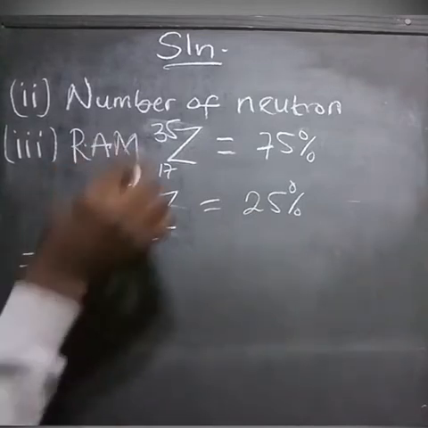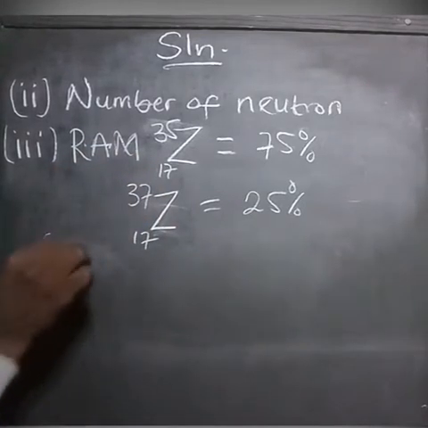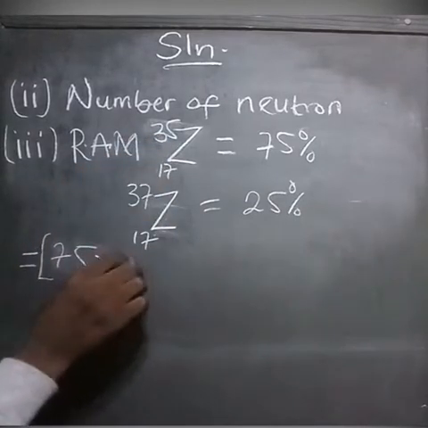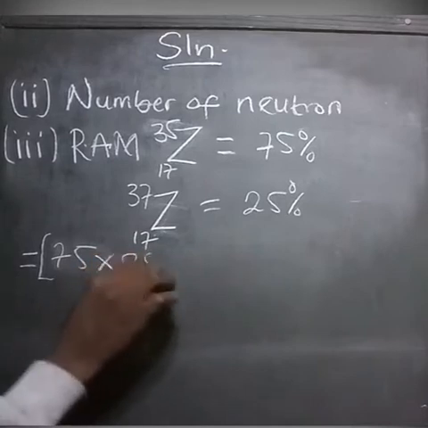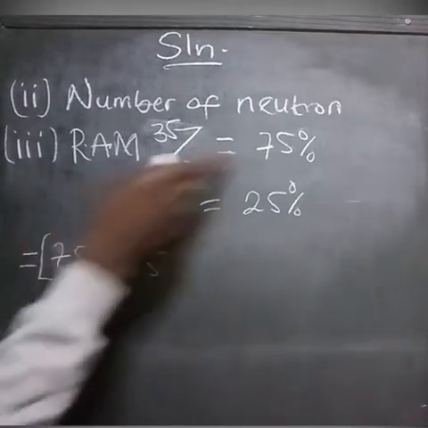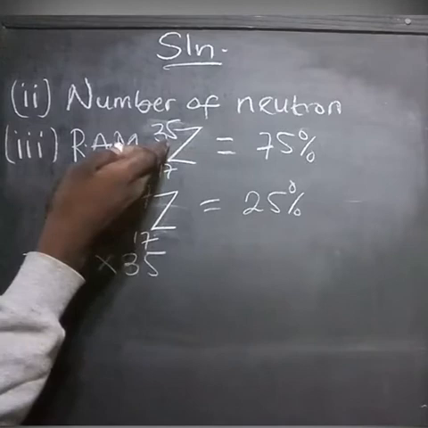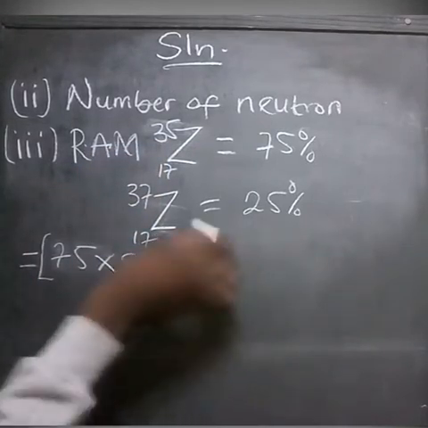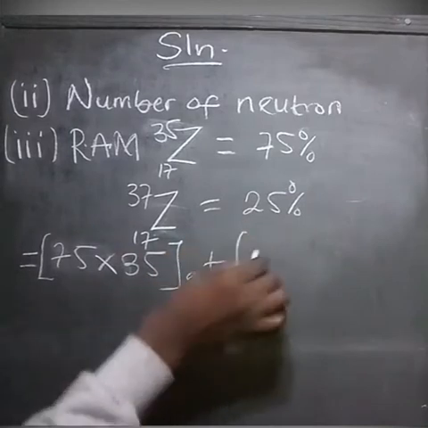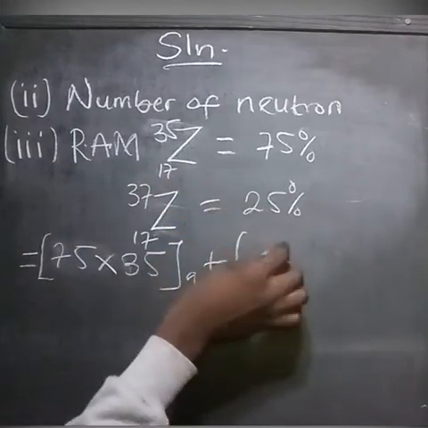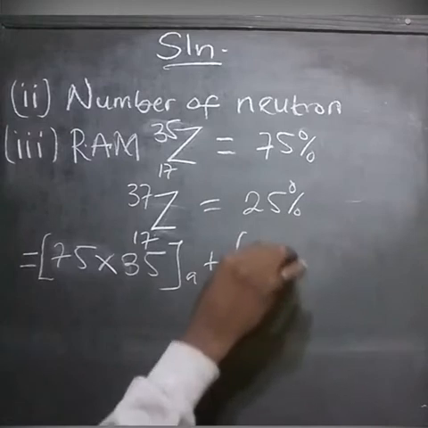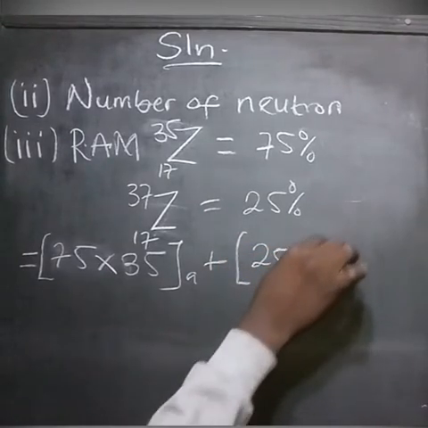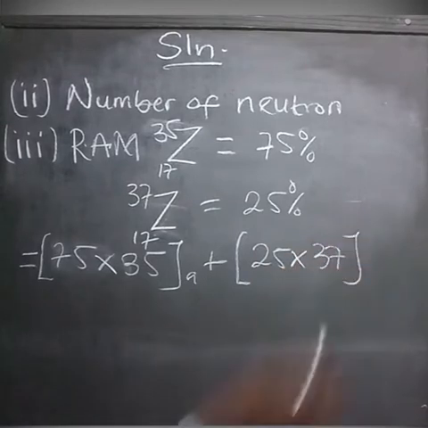So let's do 75 multiplied by 35, the percentage abundance by the mass number, this is for A, plus the percentage abundance of the second one, 25 multiplied by 37.